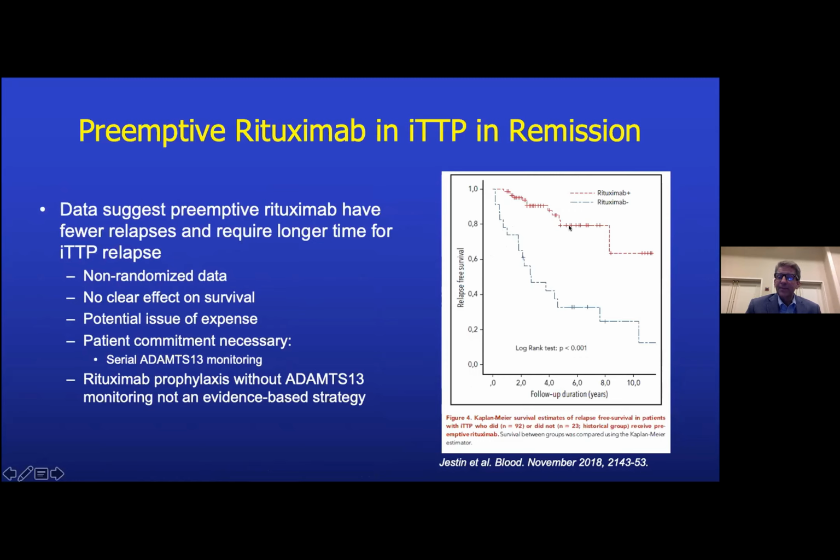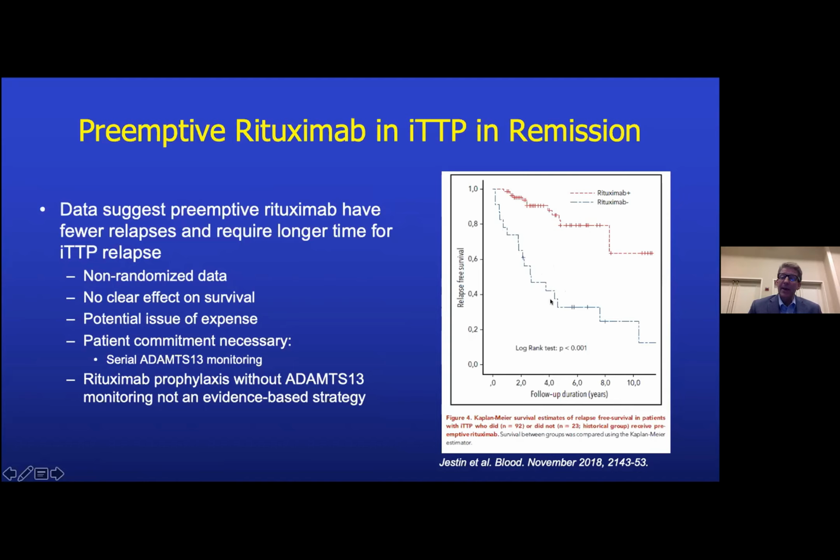The red line here are the ones that received rituximab in remission. They were treated if they had low ADAMTS13 activity. And if they were low, and usually it was double-checked, they were treated to prevent relapse, not at the time of relapse. If you just look at the difference, there are certainly fewer relapses in the patients that were preemptively treated with rituximab compared to the ones that were not.